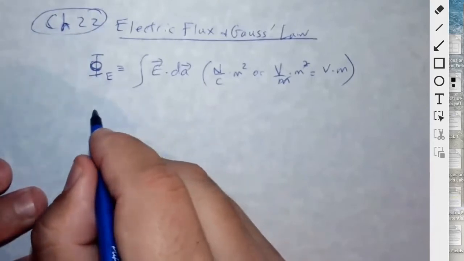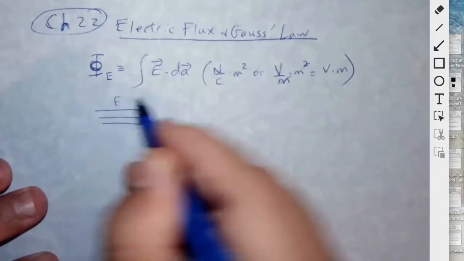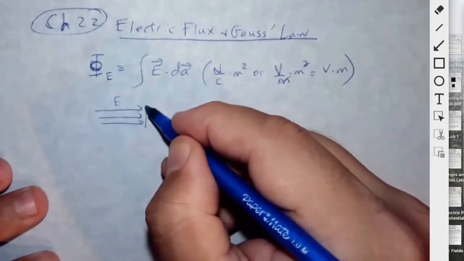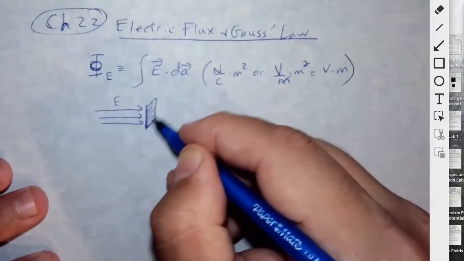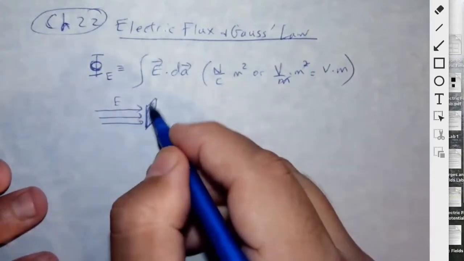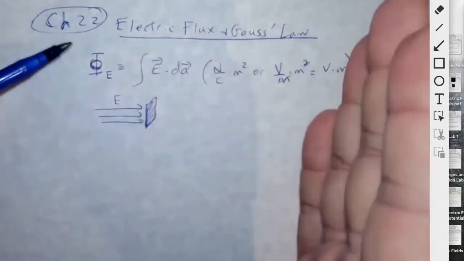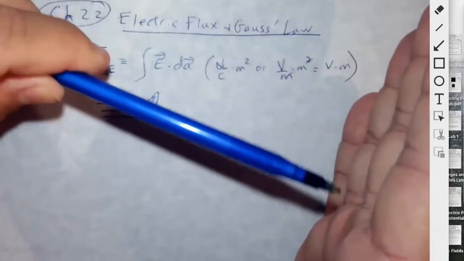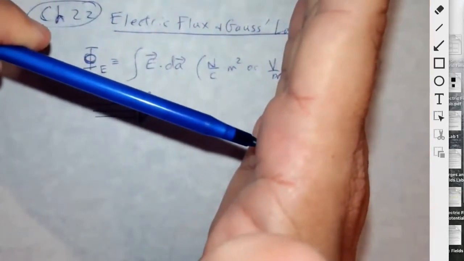So if the electric field is going this way, and you happen to have a cross-sectional area like this, so I'm assuming you've got the electric field going this way, and this is my hand, right? And it's going through it.